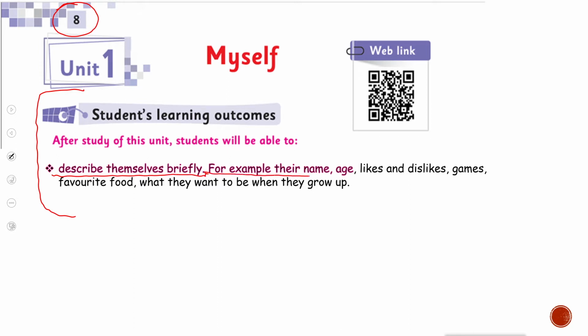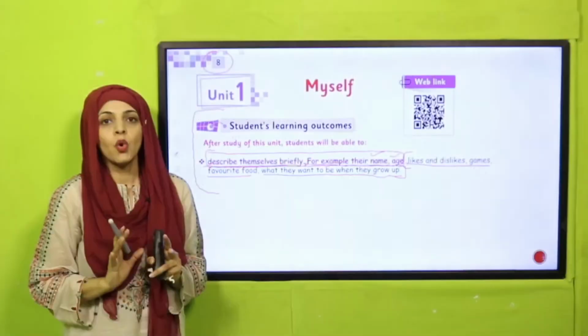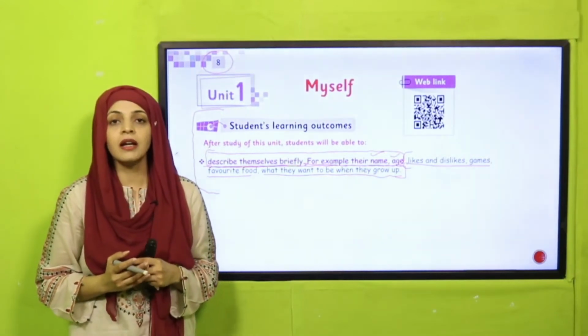For example, their name and their age, likes, dislikes, games, favorite food, what they want to be when they grow up. We will not do this part of the SLO. Today we will only cover describe themselves briefly, for example, their name and their age.